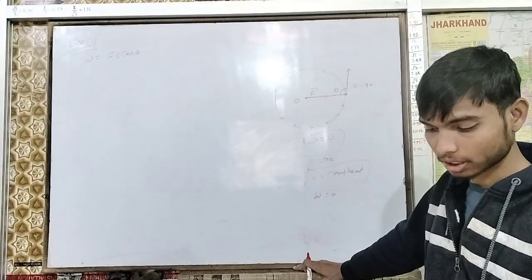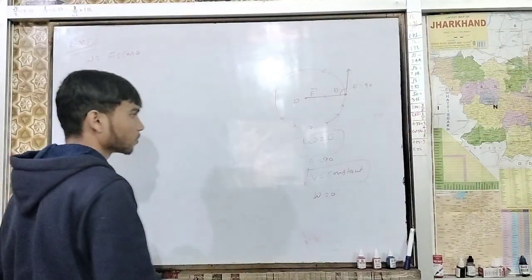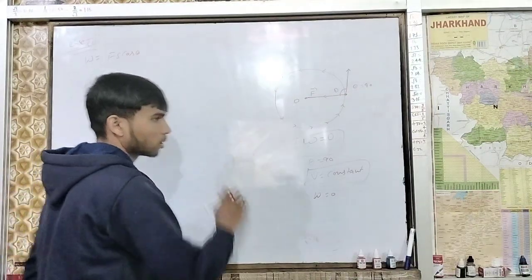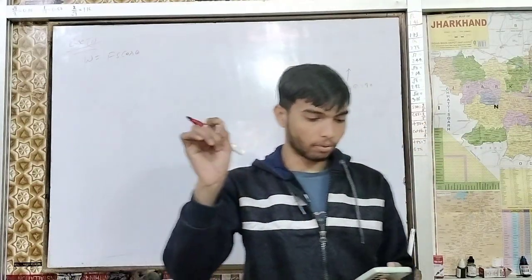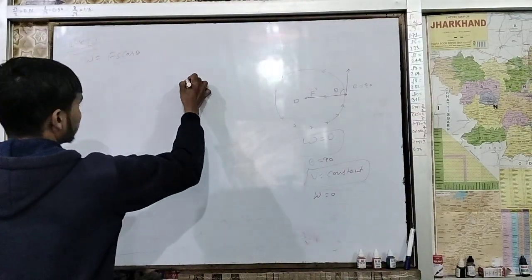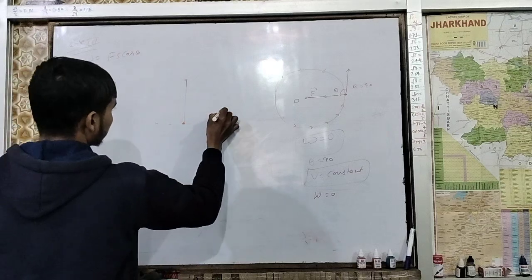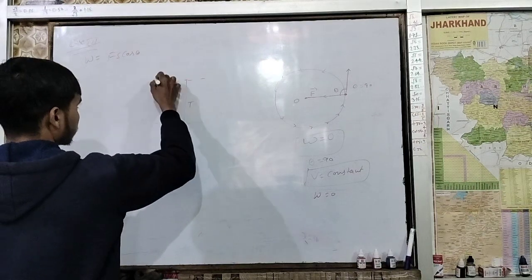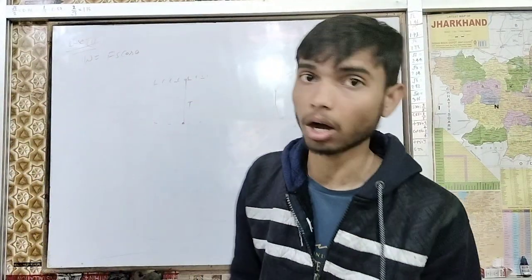A pendulum is oscillating. If a pendulum is oscillating, like this. So over here, work done by tension. Look over here. This is a pendulum. There is a bob, and it is going in this direction. So it is asking work done by this string. Work done by this string will be how much?